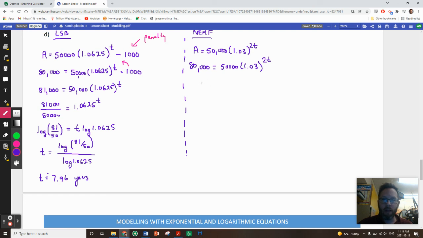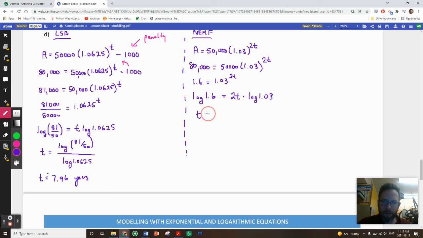So solving our guy on the left, we divide both sides by 50,000. Now this actually just gives us, I'm not going to write 8 over 5. That actually just gives us 1.6. So let me write 1.6 here. 1.03 to the power of 2t. Again, I think we've done enough of these. Hopefully we're okay. If I take the log of 1.03 to the power of 2t, I know the 2t comes down.